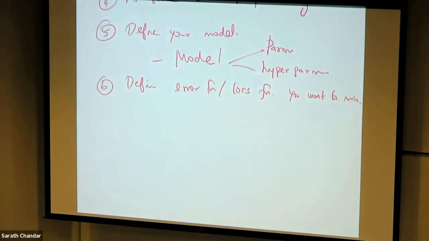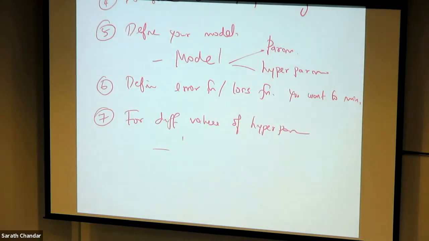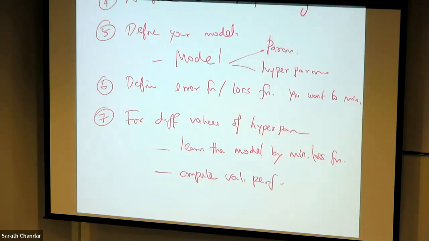But we also have the issue of hyperparameters, right? So what you're going to do is, for different values of hyperparameters, you learn the model by minimizing the loss function, and you compute the validation performance, and you pick the best model based on validation performance.